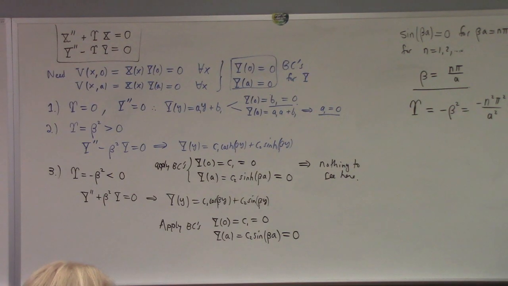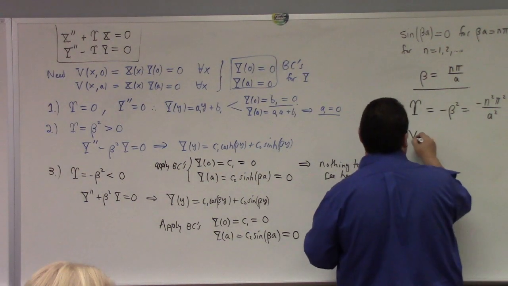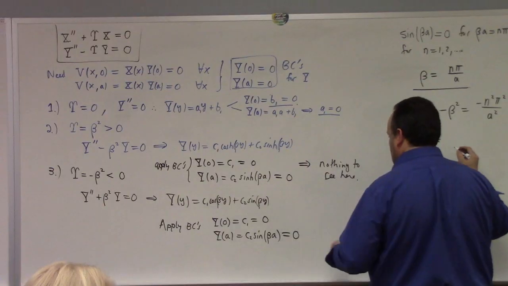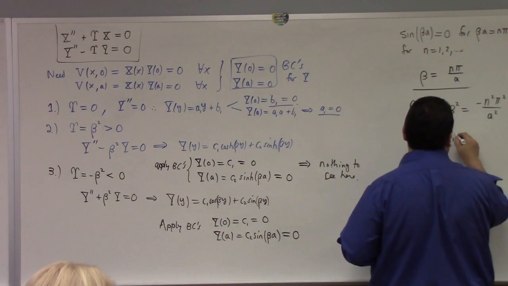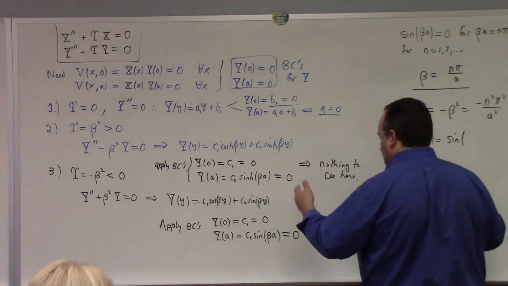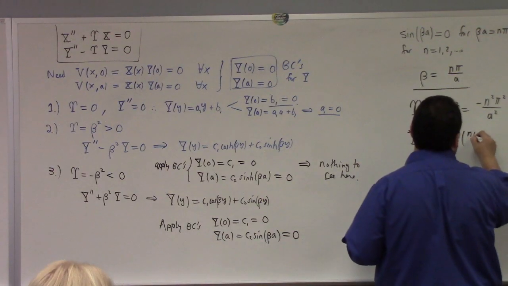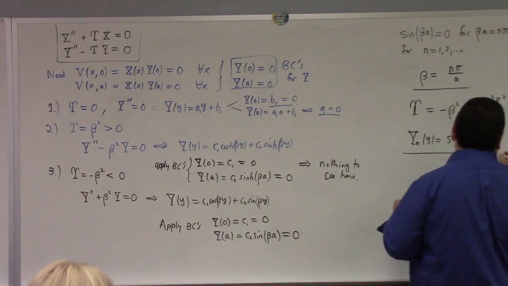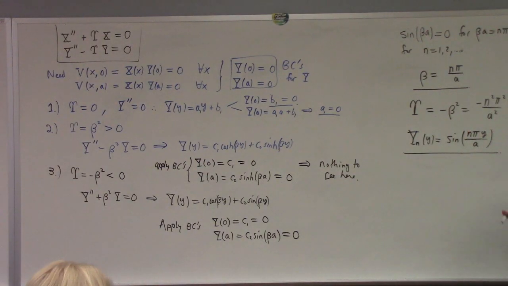We just found infinitely many. That's good. And so the solutions have the following form: y sub n of y is something like sine of beta y, but beta was n pi over a, so sine of n pi y over a, right? So there you go. These are sometimes called eigensolutions, right?